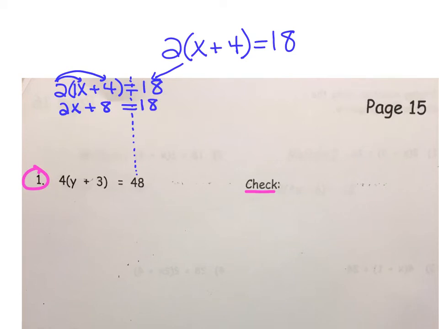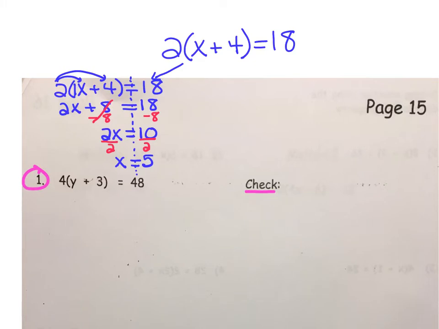Now that the parentheses are gone, I simply have a two-step equation, and I would subtract 8 from both sides, getting 2x equals 10, and then divide both sides by 2, and I get my final answer, x equals 5.